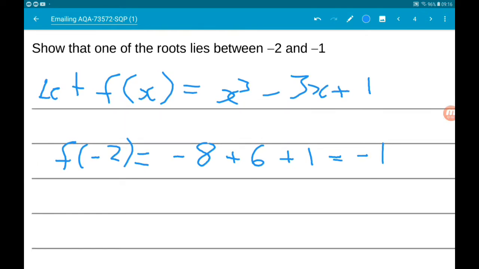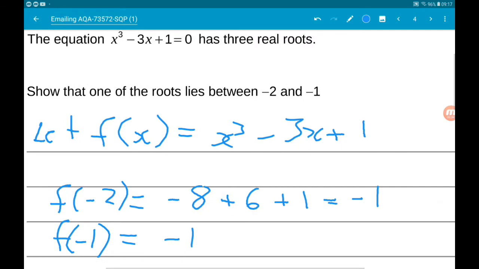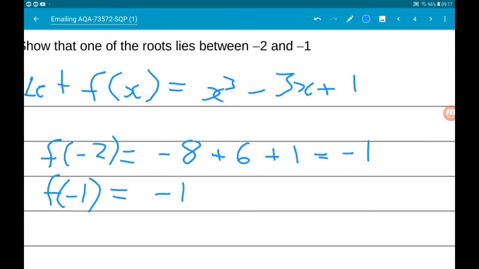Then let's do f of minus 1. Now that's going to give us minus 1, add 3, add 1. Now that's going to give us 3.